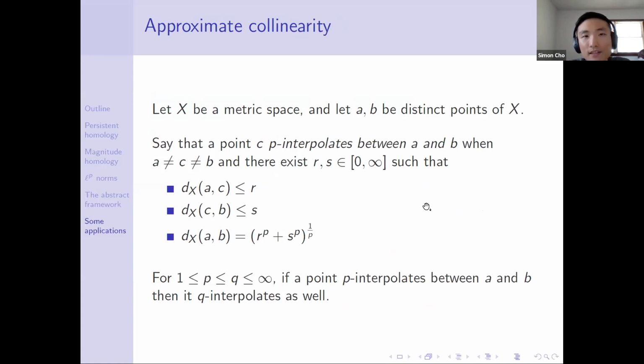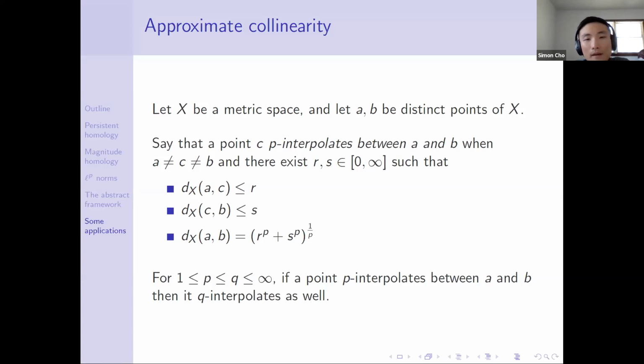So we can relax this notion a little bit, and say that a point C P-interpolates between 2 points when it satisfies this condition. Whereas when P equals 1, for a point to be interpolating it needs to be strictly on the metric line segment between these 2 points, you're now allowing it to be slightly off the straight line segment if P is slightly greater than 1.